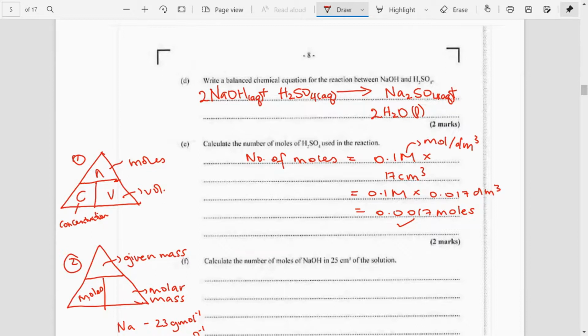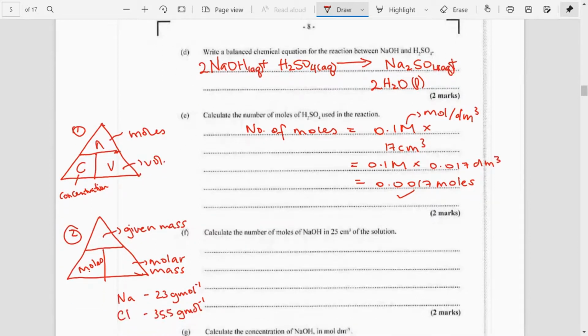So essentially, you look at your balanced equation and you determine the mole ratio between sodium hydroxide and sulfuric acid. We can see that there's a 2-to-1 mole ratio. So write a statement so that the examiner knows what you're doing.